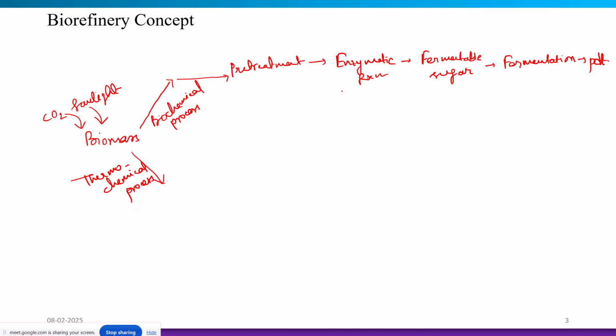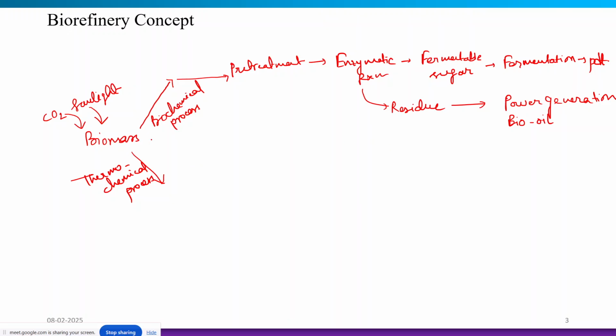If you consider this enzymatic reaction, the residue that we discussed in the first slide may be taken to a further step for power generation. Also, from this residue there will be a significant production of bio oil.